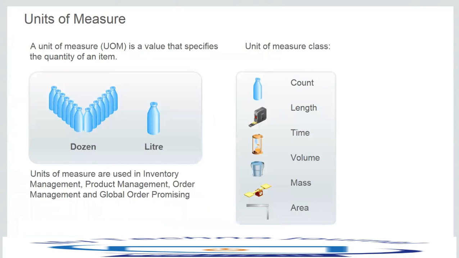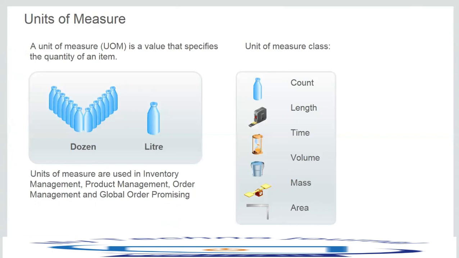So it is defined based on units of measure. It basically specifies the quantity of an item. It could be a dozen. If the unit of measure is dozen, then that means we are selling 12 quantities, that is 12 each of that particular item. And what is the unit of measure class?